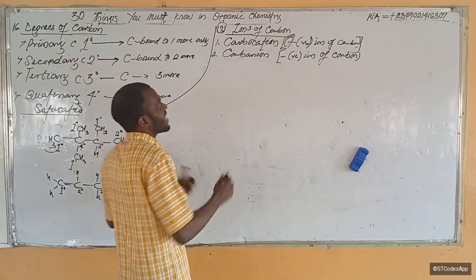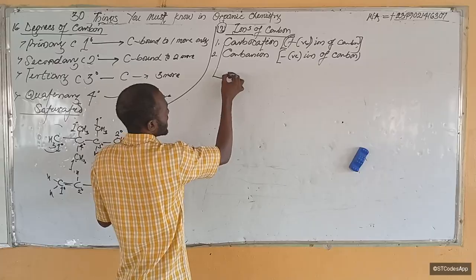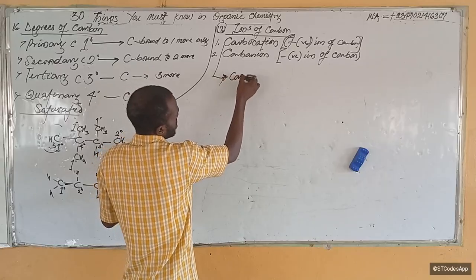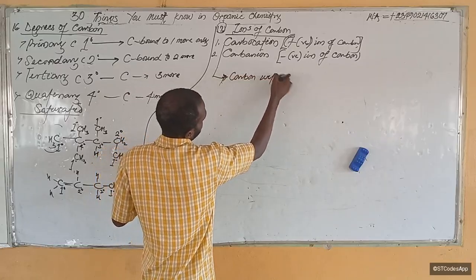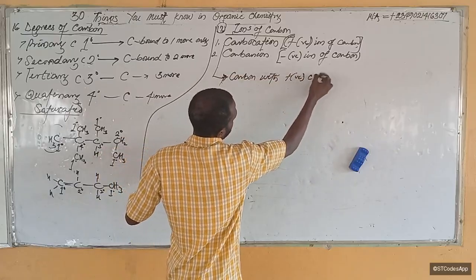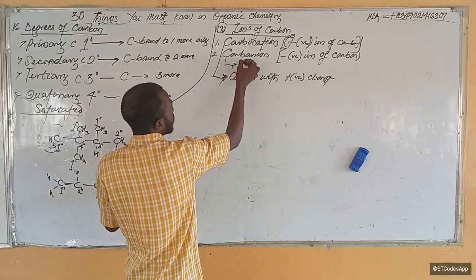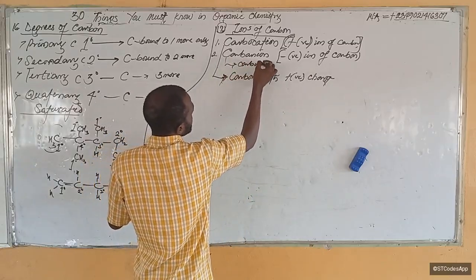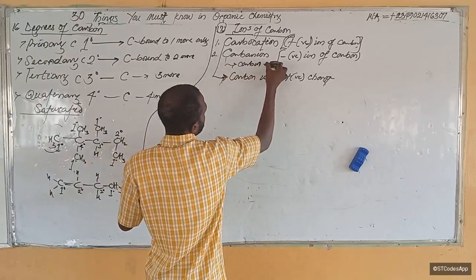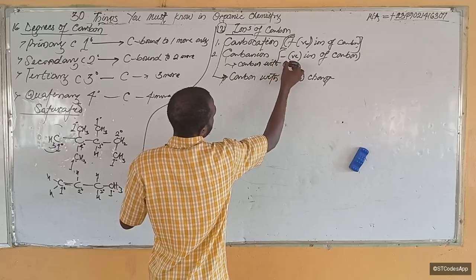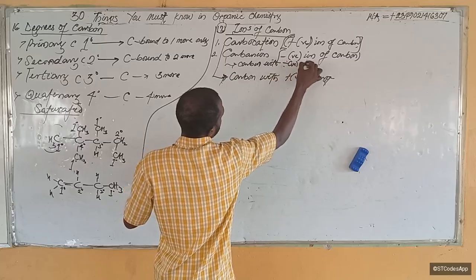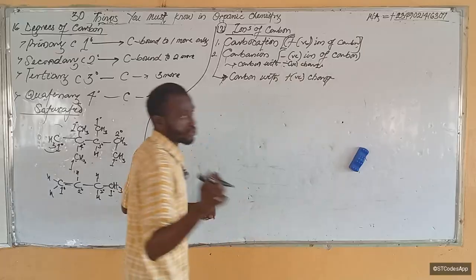Carbocation simply means a carbon carrying a positive charge, while a carbanion means carbon with a negative charge. Now there is something you should know.